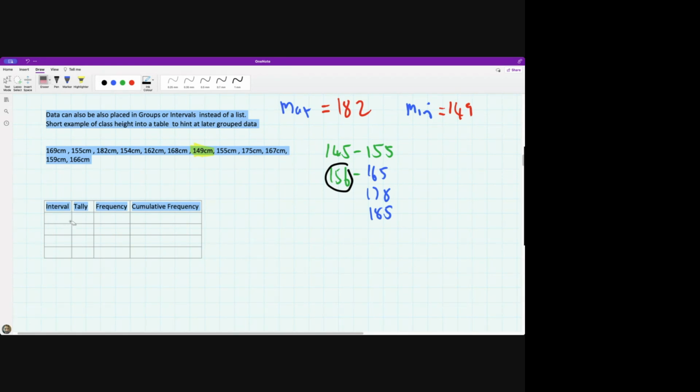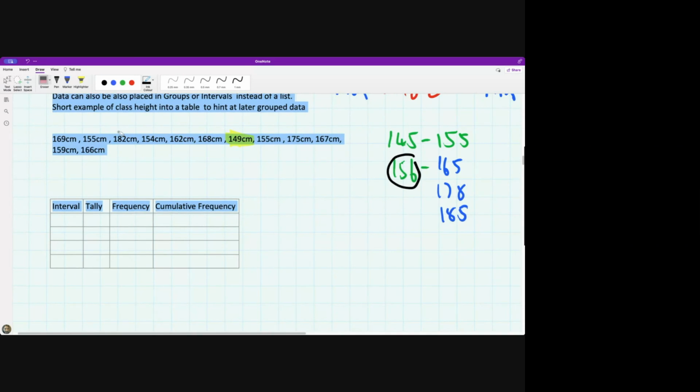Let me zoom in. So this includes 145 to 155. This is 156 to 165. This is, let me make it smaller, 166 to 175. And then it's going to be 176 to 185.